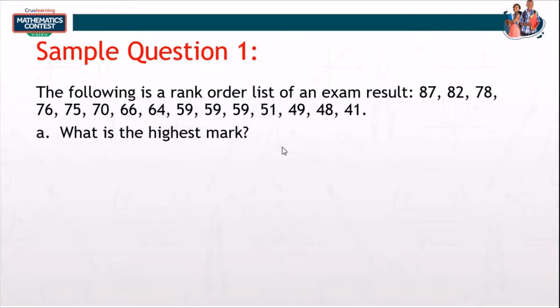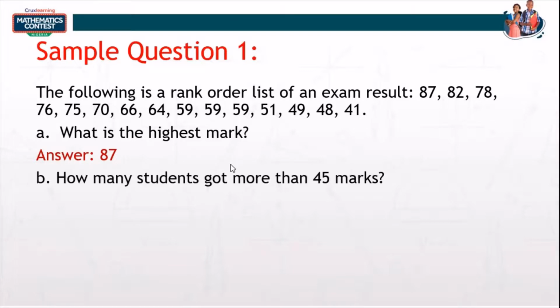Okay, so let's look at what we have. They say, what is the highest mark of this result given to us? So the highest should be the first, since it's in descending order, and that is 87. Okay, next question, how many students got more than 45? So let's check it out. Oh, we have only one less than 45, meaning that others are more than 45.